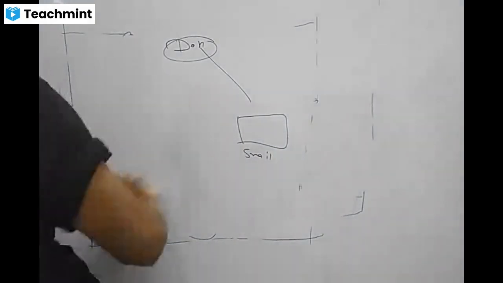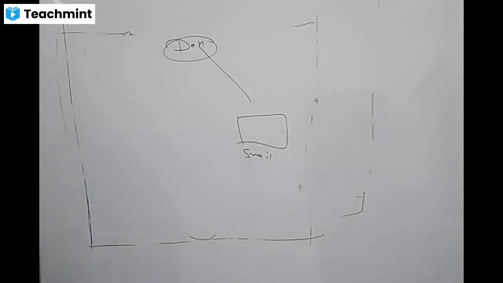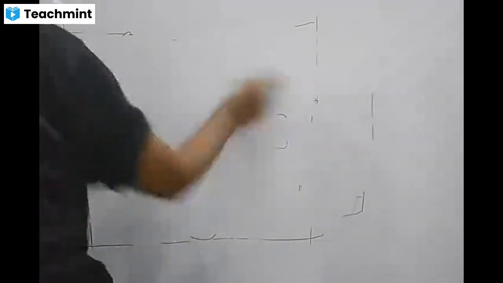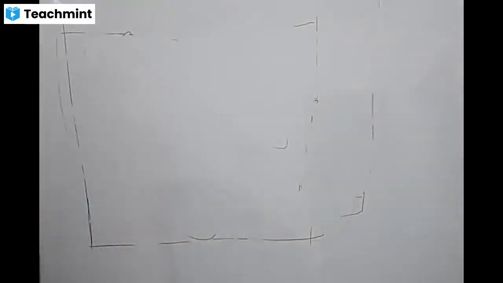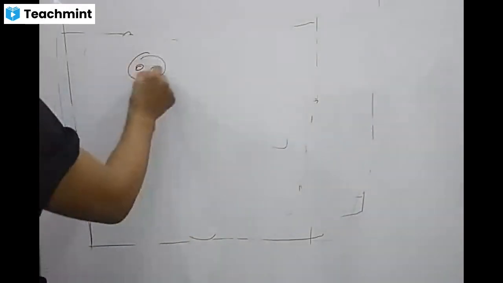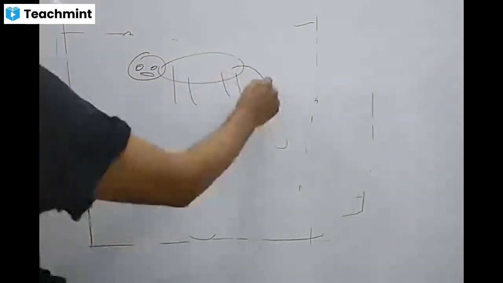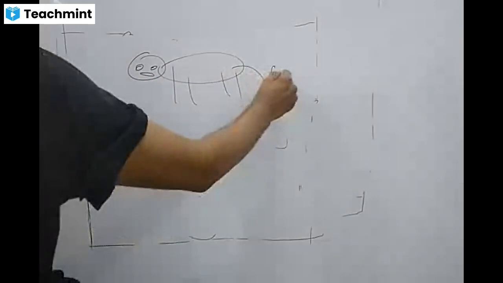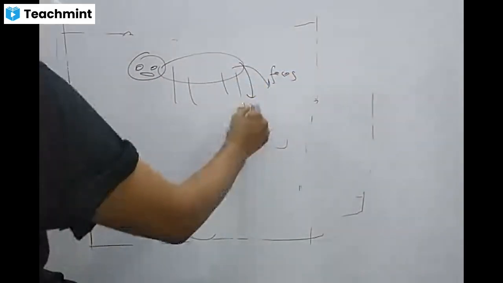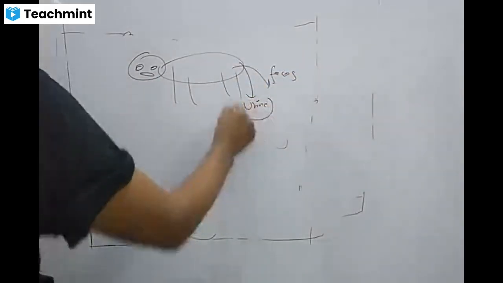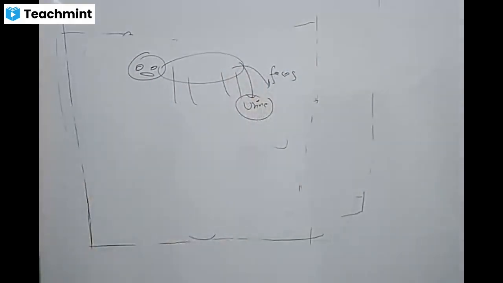So remove the second one. This is your definitive host. From the definitive host, feces and urine both are important, because in human beings there is Schistosoma haematobium, which is present in the blood vessels related with the bladder.